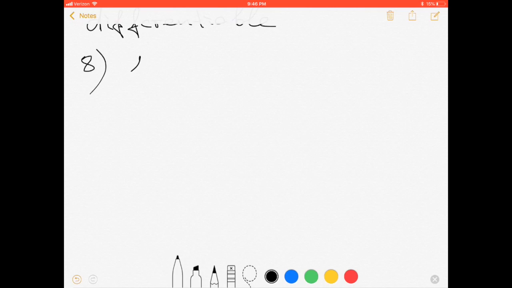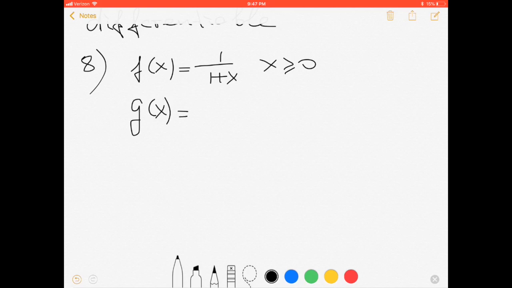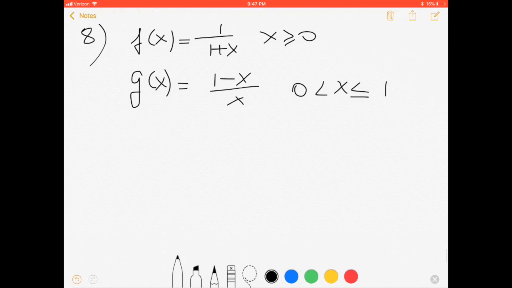I have the function f(x) = 1 over 1 plus x, for x greater or equal to 0, and the function g(x) = (1 minus x) over x, where the domain is x positive but less or equal to 1. I need to show that g is the inverse of f, or f is the inverse of g. You know, it's the same information.